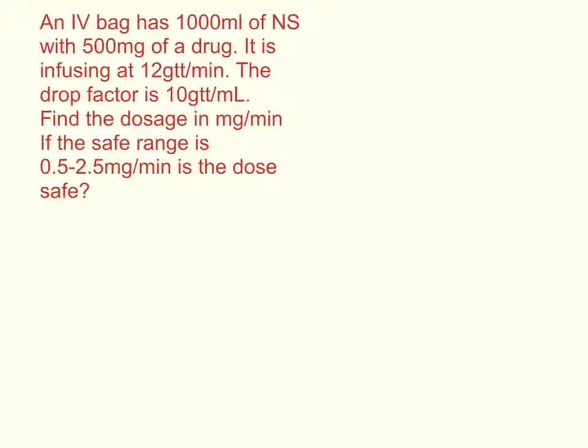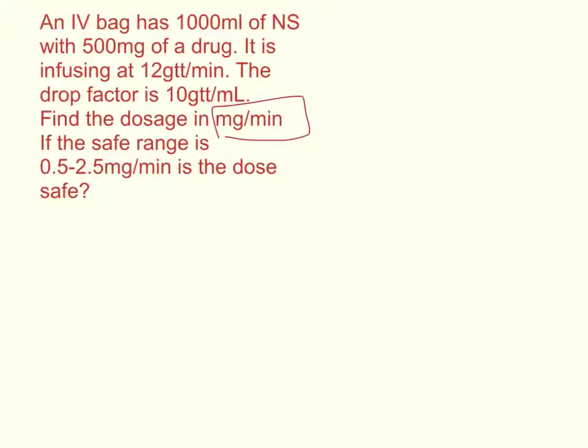So now we come to a similar question that we just saw before in chapter 11, but this time we're not converting dosage rate to an IV flow rate. We're given the IV flow rate and we're going to convert it back to its dosage rate in milligrams per minute. So first, we're going to change our flow rate, which is given to us.